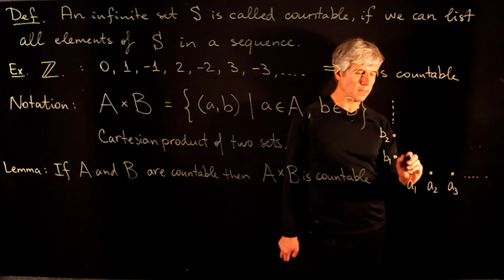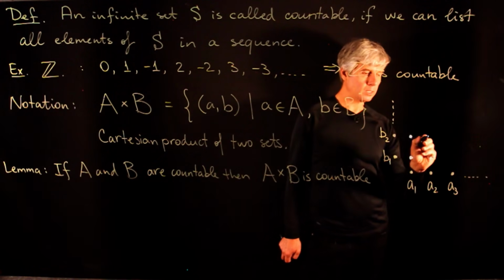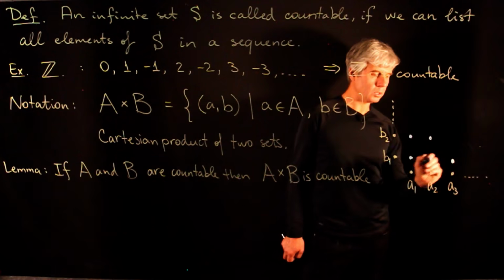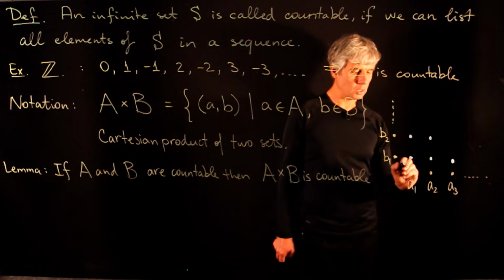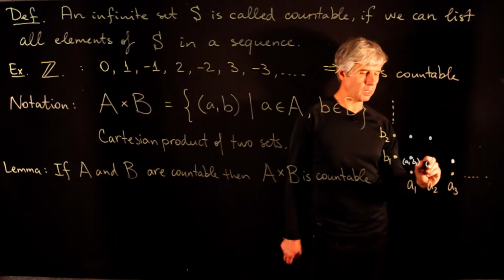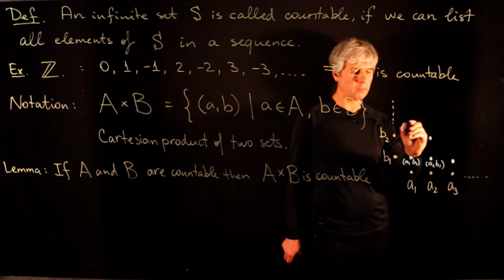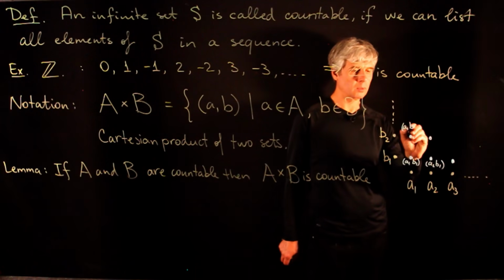So geometrically, we can think of the Cartesian product as dots on this plane, right? So this dot will be a pair (a1, b1). This is the pair (a2, b1). And this is the pair (a1, b2).